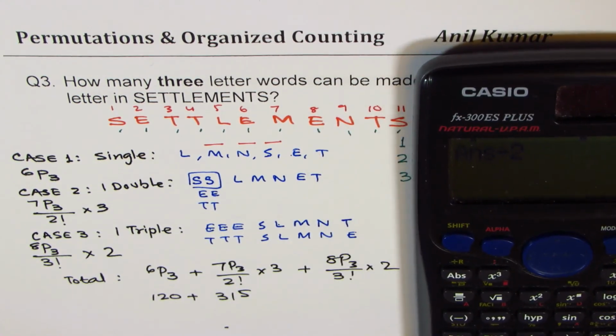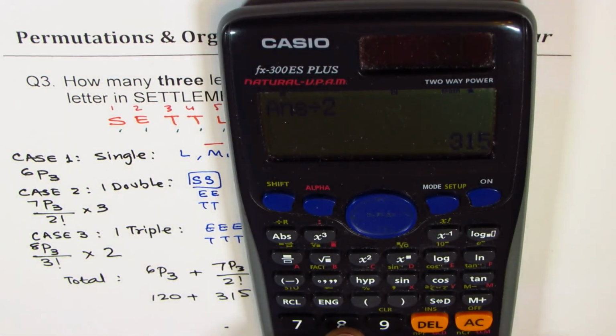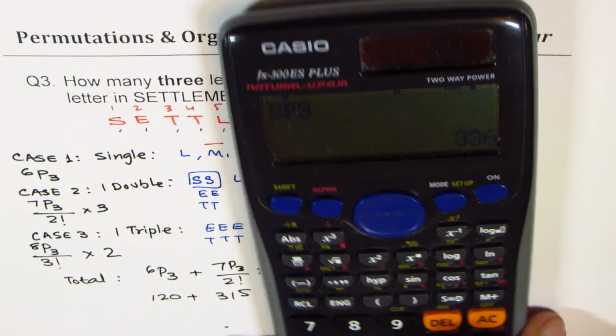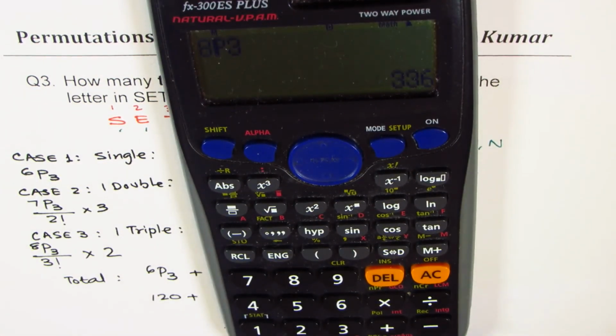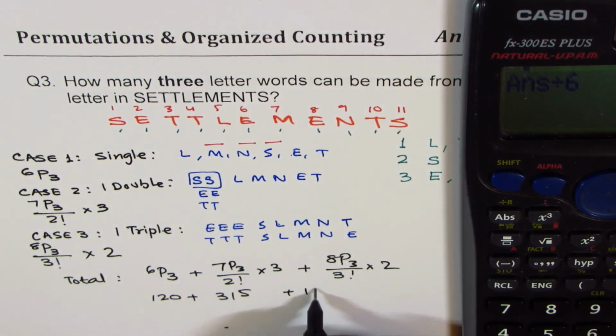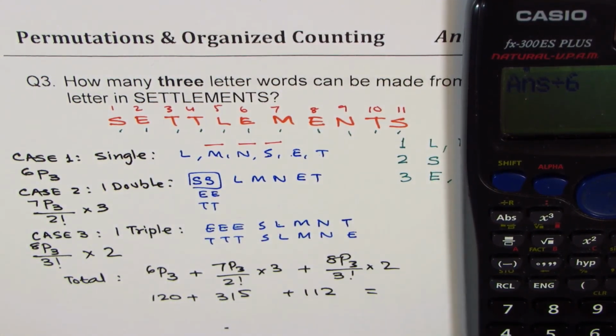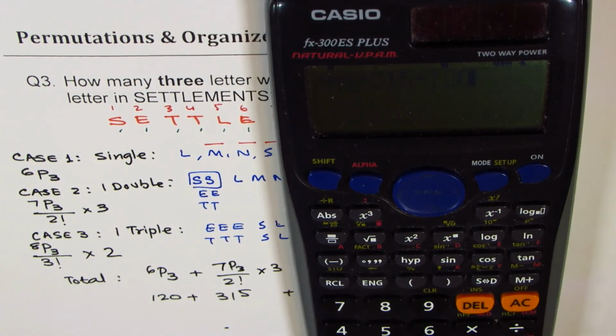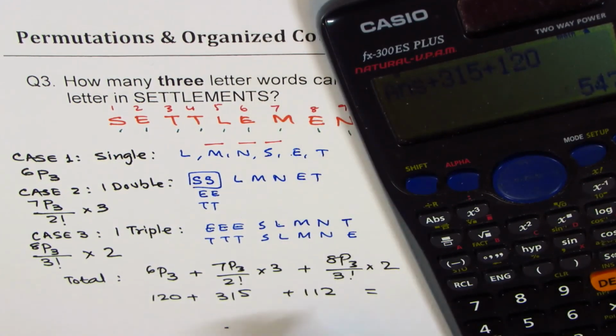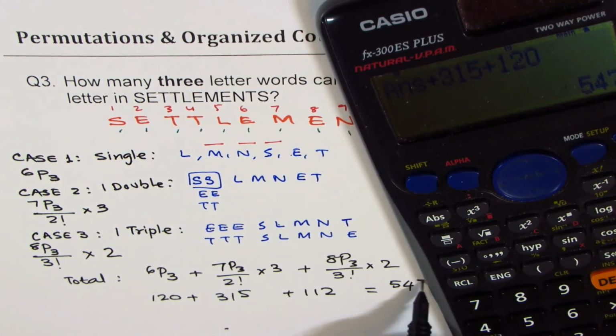Then we have 8P3, which we have to do times 2 divided by 3 factorial. 3 factorial is 6, so we'll do times 2 and divide by 6. That gives 112, plus 112, right? Let's add them all. So we have 112 plus 315 plus 120, which is 547. So hopefully the calculations are correct.